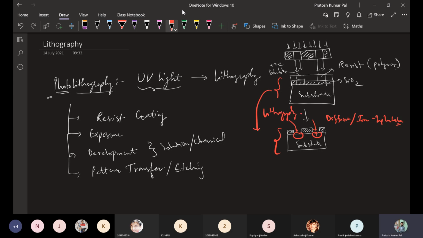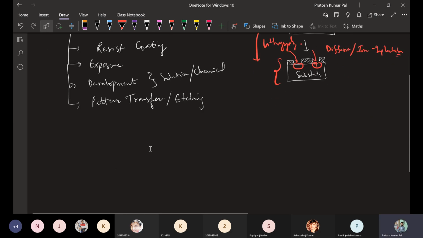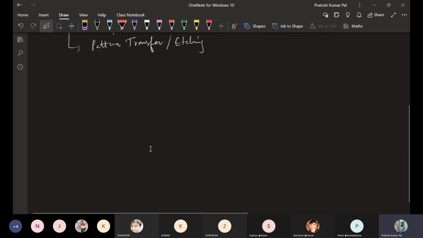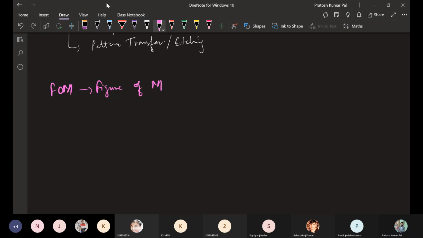The next we will see is the figure of merit of this lithography. What does this figure of merit indicate? Basically, figure of merit is certain parameters that will define our lithography step.